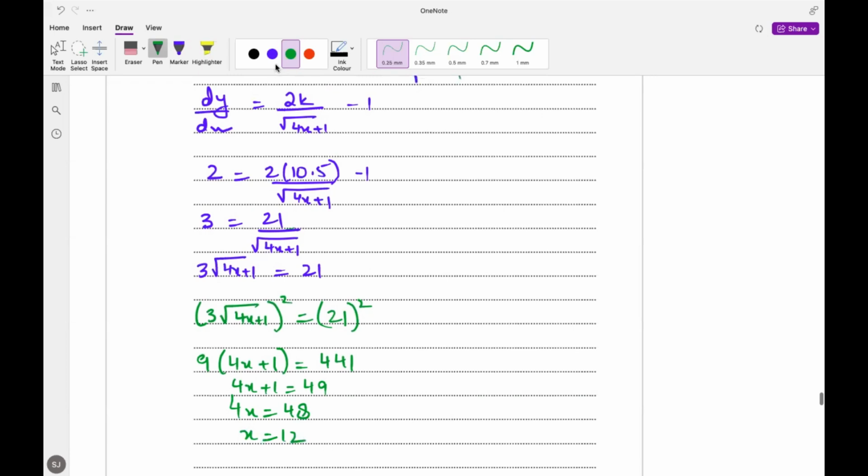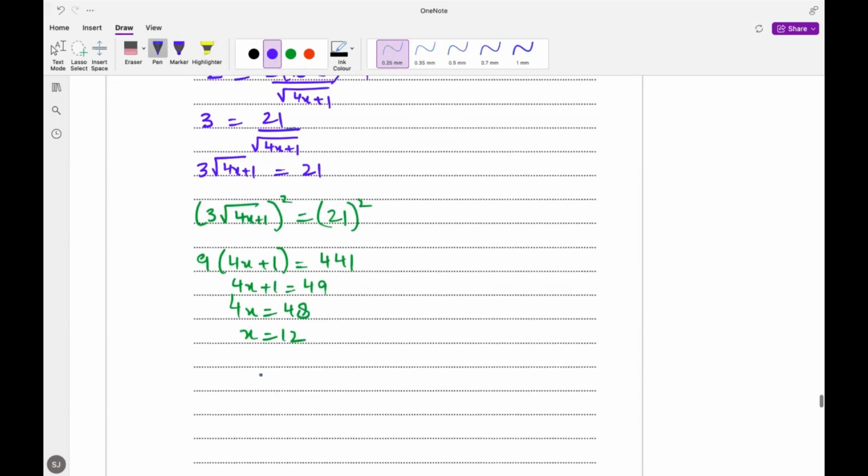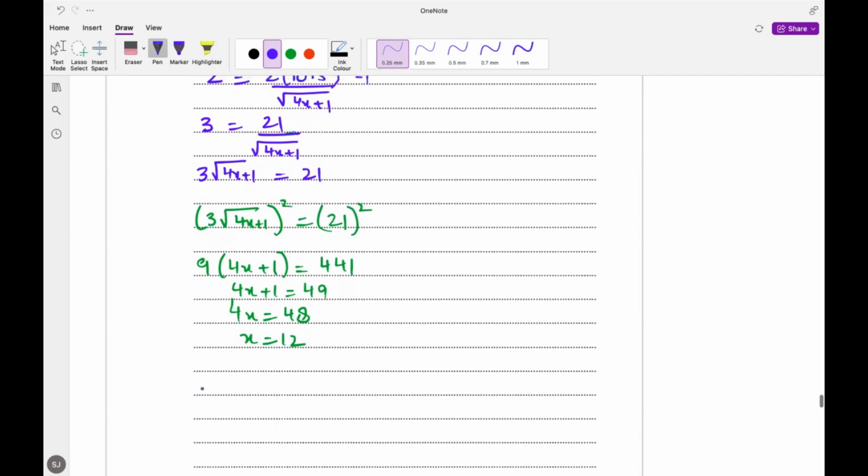Now, once we have the value of x, we can substitute this value of x in the equation to find the value of y. As y was given as y equals k square root of 4x plus 1 minus x plus 5, we can write it as 10.5 into square root of 4x plus 1, so x is 12, plus 1, minus x plus 5.